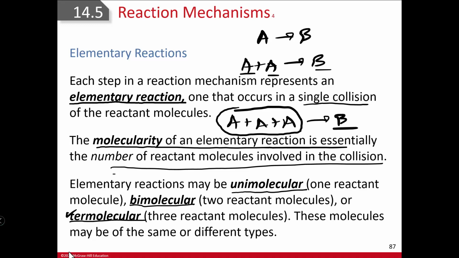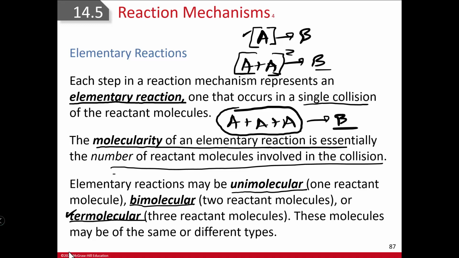This we've already seen. This is like first order reactions. A, the concentration of this reactant, raised to the first. And then this is like a second order reaction. So that's why this is important. It's two A's colliding.